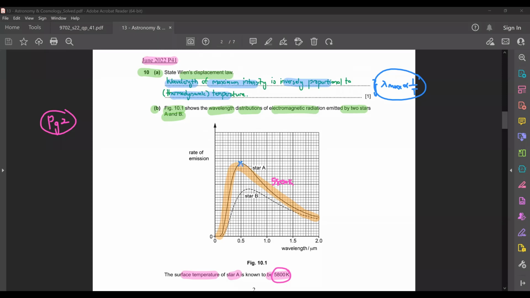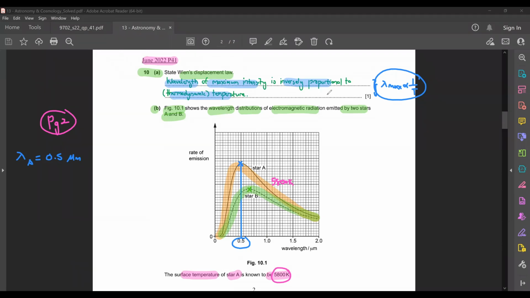If you read out the wavelength, you will see that the value is actually 0.5. So the wavelength at maximum intensity for star A is 0.5 micrometer. And then after that, when you're talking about star B, which is this green colored curve here, the wavelength at peak intensity is going to be right over here.